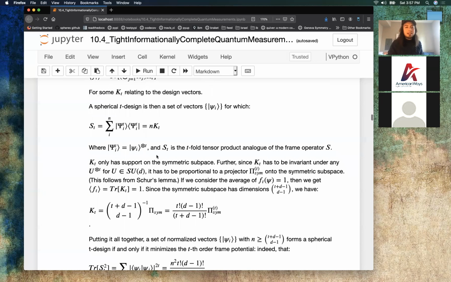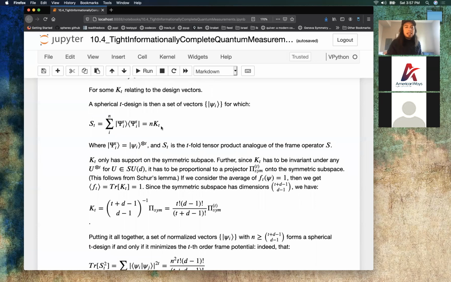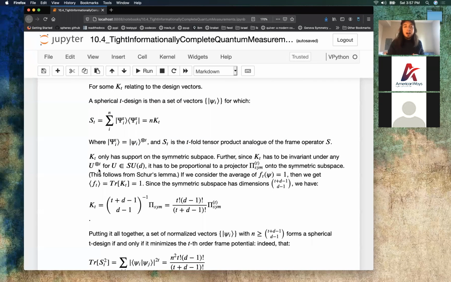The idea here is that K has support only on the symmetric subspace because each of these is a product of separate tensor factors. Now, if you think about it, this K has to be invariant under unitaries that are the tensor product of the same unitary T times.